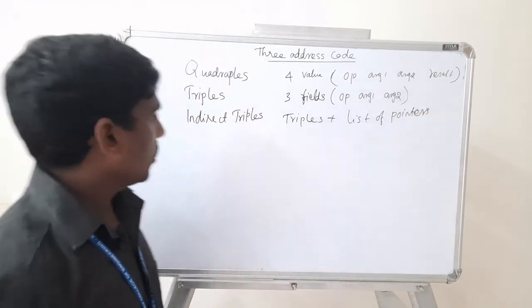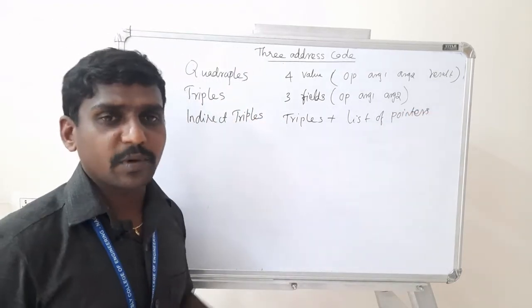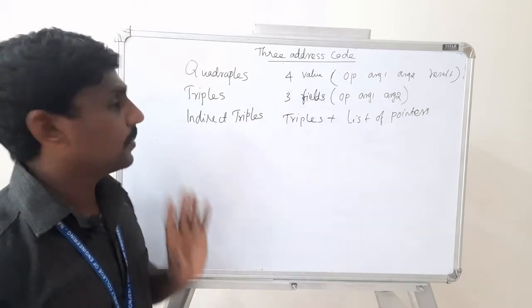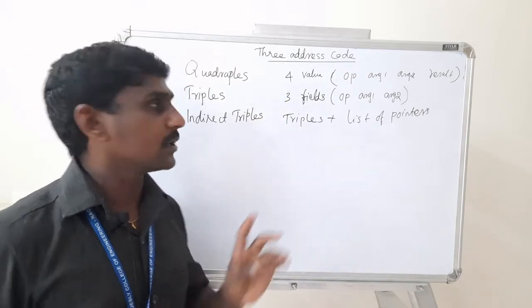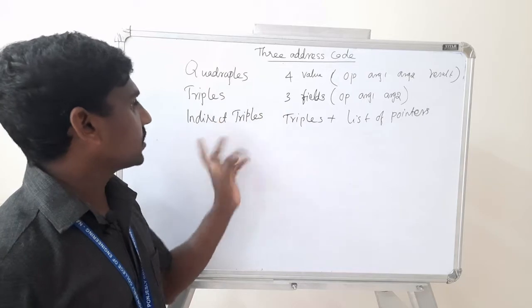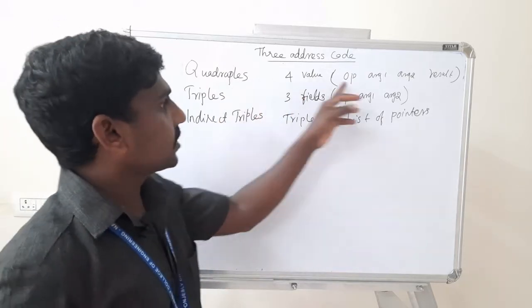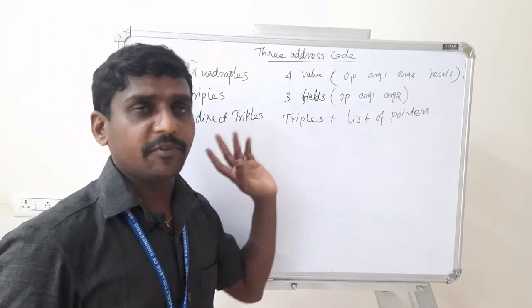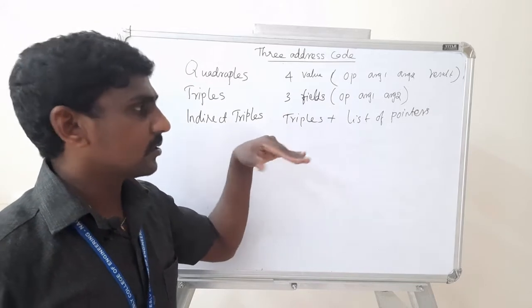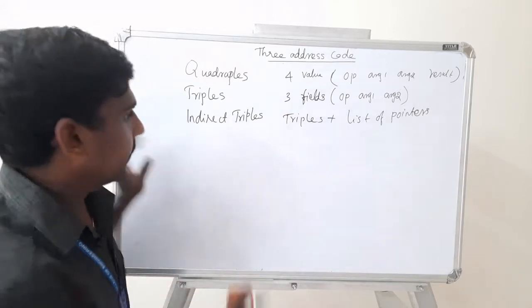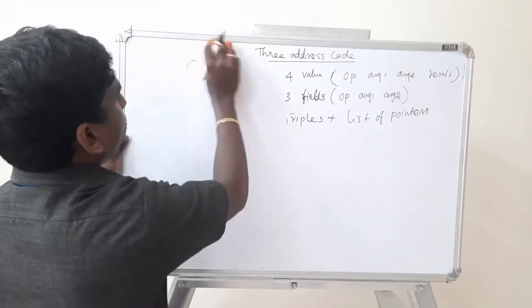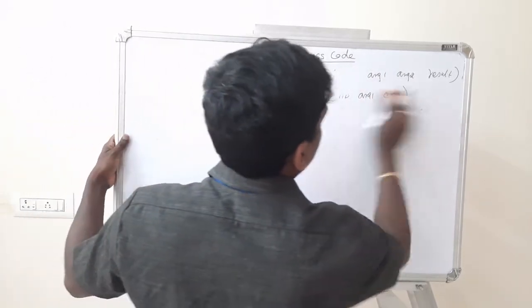So one by one I am going to explain. Just remember how to implement 3 address code. We can implement 3 address code by using triples, quadruples and indirect triples. Quadruples 4 fields, triples 3 fields, indirect triples, triples plus pointer. Clear? So the first one is quadruple.